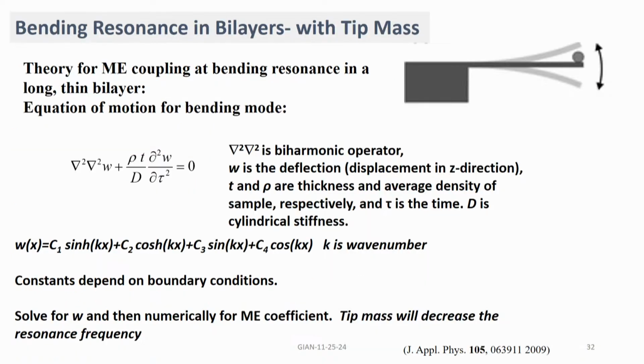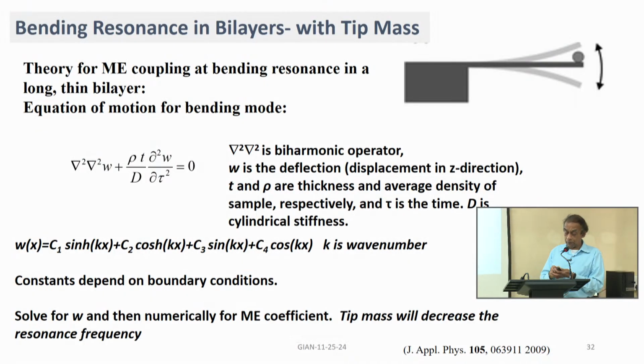Now, you can also do bending resonance by loading the tip with a mass. If you load the tip with a mass, the frequency of the oscillation will go down. It is like a simple spring and a mass. You can imagine what will happen if you keep increasing the mass. With the mass at the tip, there is an overall decrease in the bending resonance. This is used in the case of magnetic field sensors.